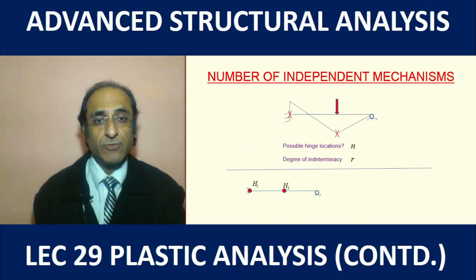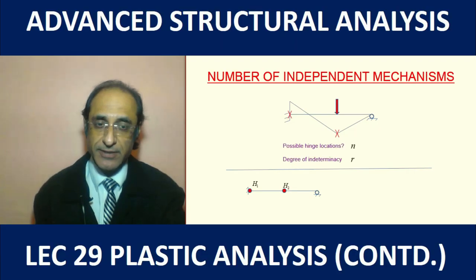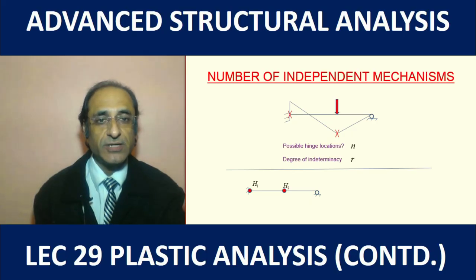Now we have already come to one observation that in an indeterminate structure the number of plastic hinges required to bring about the total collapse of the structure is equal to 1 plus the degree of indeterminacy.